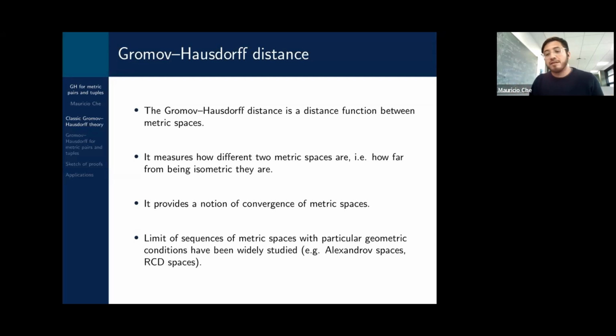To give a couple of examples, we can think of Alexandrov spaces or RCD spaces, which also have been mentioned in previous talks in the conference. These spaces arise naturally as limits of manifolds with certain conditions on the curvature. I will not say too much about these, but that gives certain motivation to study this notion of distance and convergence.